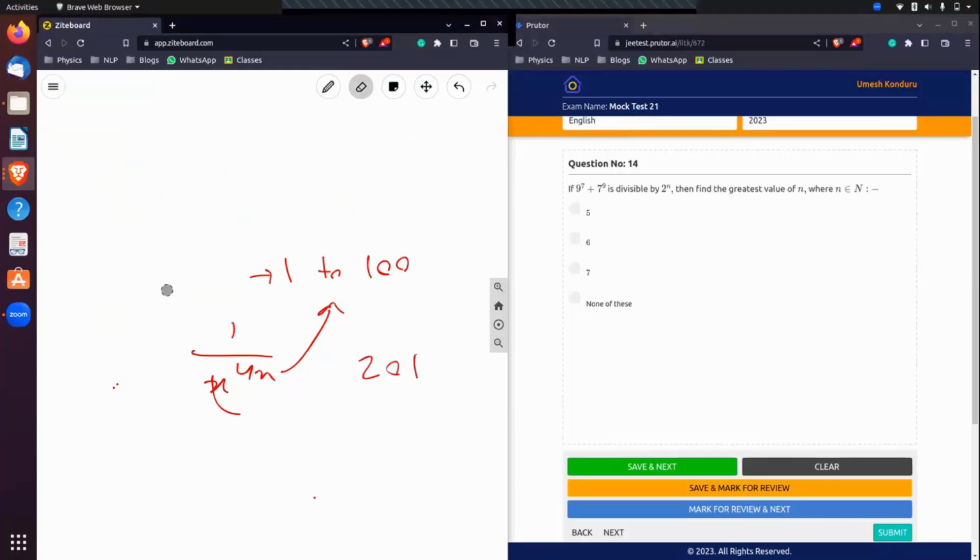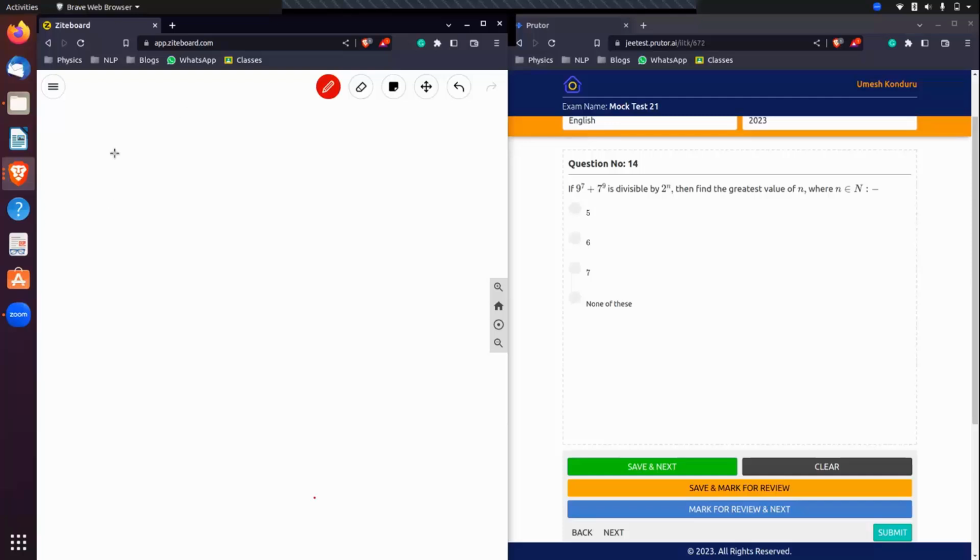So this question deals with divisibility. Often questions that deal with divisibility, you can solve them using the binomial theorem. So you do a binomial expansion that involves the number you're dividing with, so that you can figure out what the remainder will be.